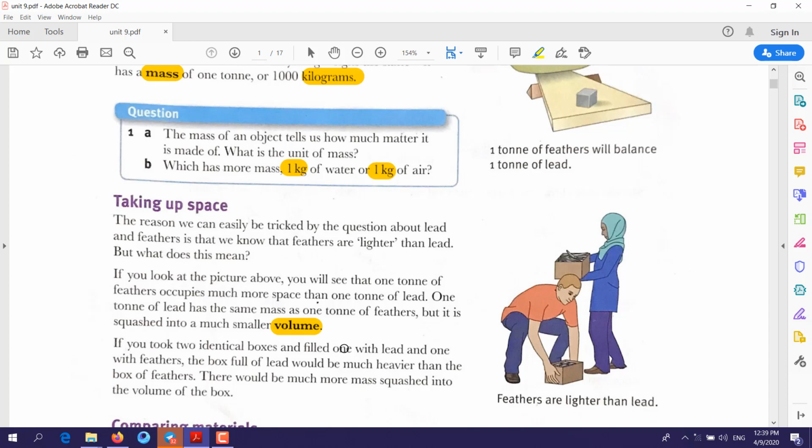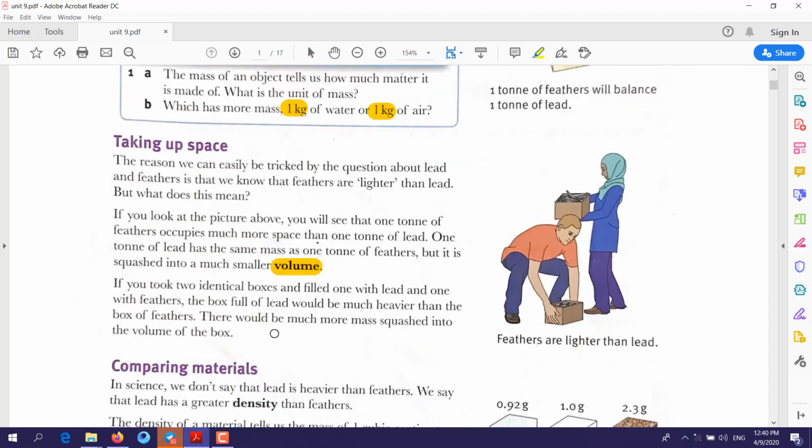Each one of them is 1 kilogram. But they differ by the space that they take. Feathers take more space, so the volume differs. Both have the same mass, but they differ by their volume.